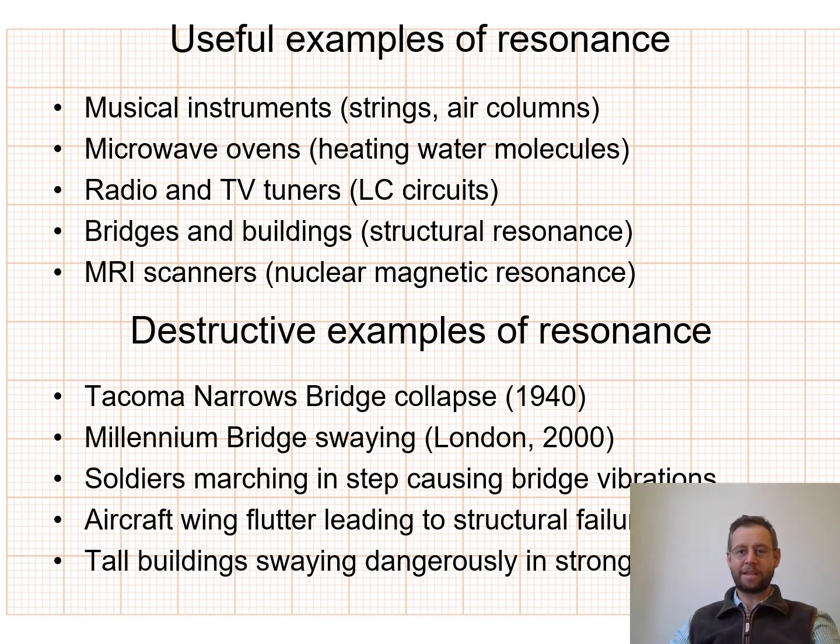What you might find is that the biggest impact would occur if your driving frequency matches the fundamental frequency, the first harmonic of your system, but that you would actually have secondary peaks where, if your driving frequency matched the natural frequency of, say, the second harmonic, again, that would be a resonant frequency. And so it may not be as simple as just having one peak on the graph. There might be multiple peaks.